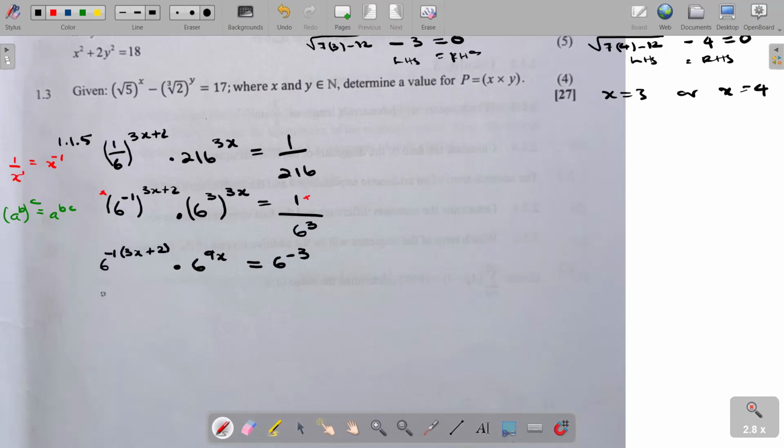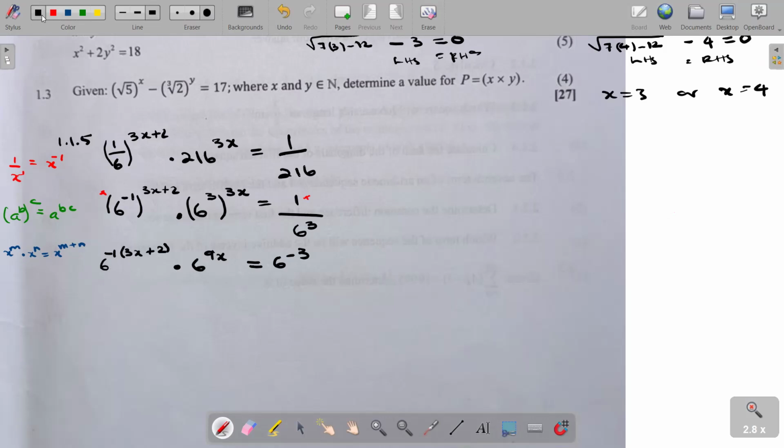Then here, let's simplify. To simplify the left-hand side, we are going to apply the rule about additions. We know that x to the power m multiplied by x to the power n is equal to x to the power m plus n. If the bases are the same, we add the powers.